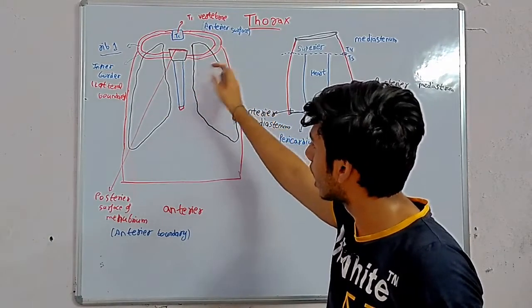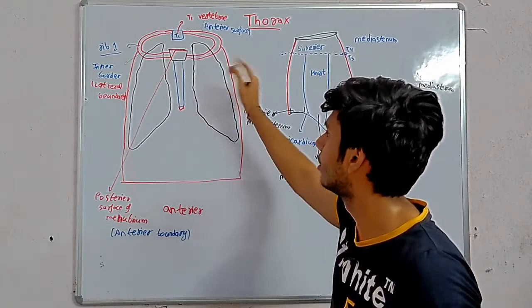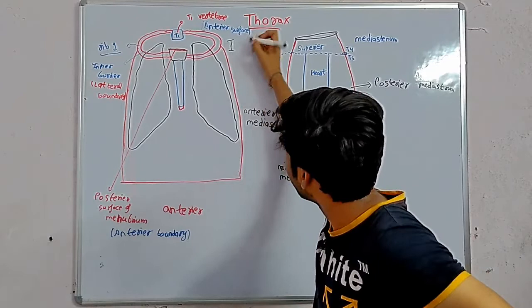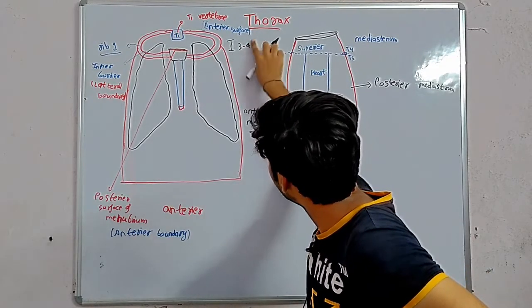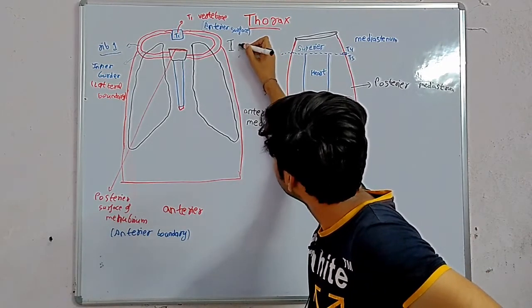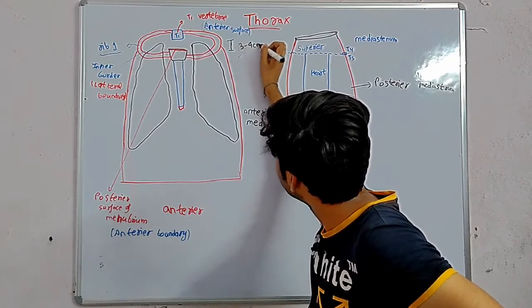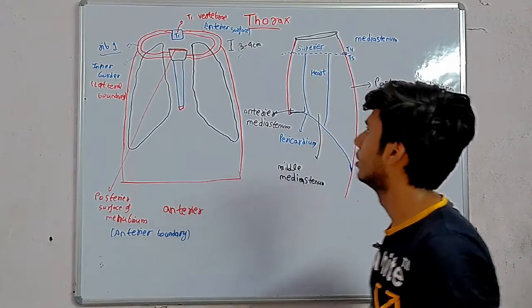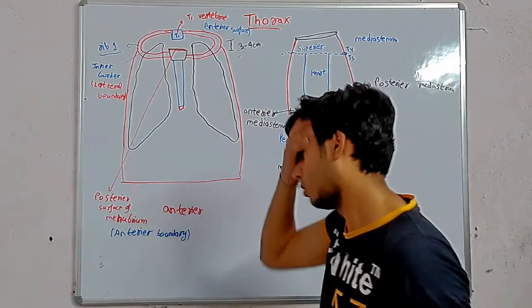Their apex comes out from the thoracic inlet, around 3 to 4 centimeters above.